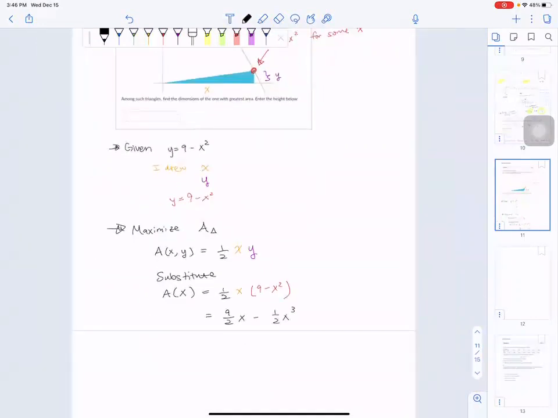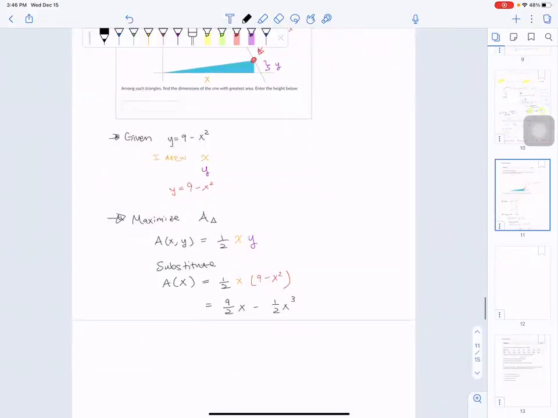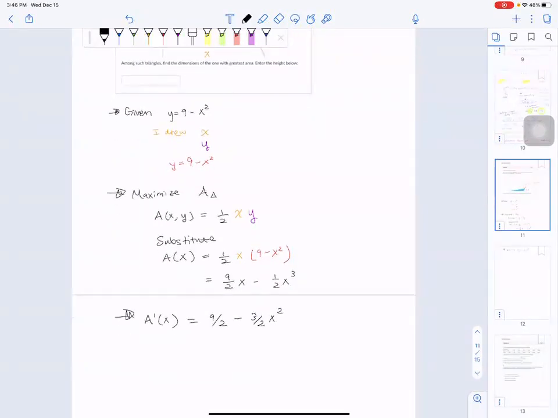What's the goal of this? We're trying to optimize, so we definitely need a derivative. The derivative of A of x is 9/2 minus 3/2 x squared, just following the usual derivative rule. We need our critical points, because they tell us when we might have a max, min, or relative extrema. So we set our first derivative equal to 0.